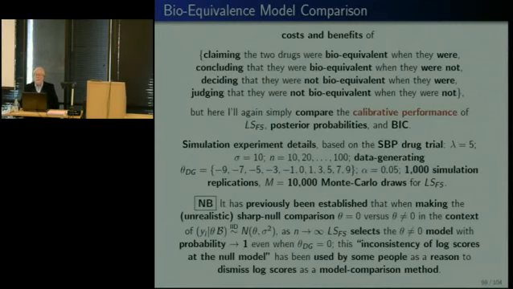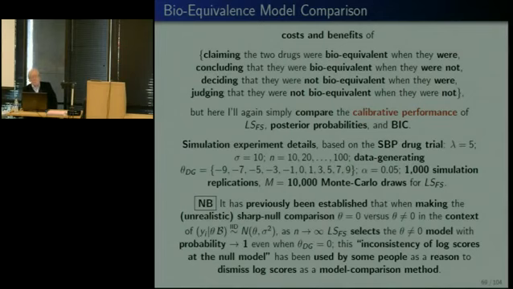Concluding that they're bioequivalent when they're not, that's a bad thing, and you should get a penalty for that. Deciding that they're not bioequivalent when they are, that's another bad thing, you should get a different penalty for that. And judging that they're not bioequivalent when they're not, that's another good thing, and you should get a reward for that. So really doing it right, you'd have to build a utility function that had at least those 4 numbers to put in, and then keep score based on those 4 numbers.